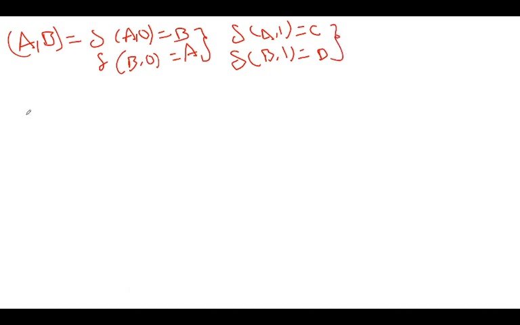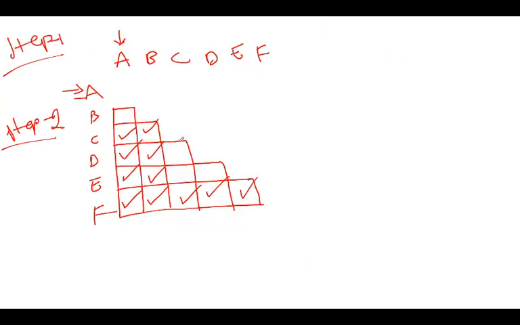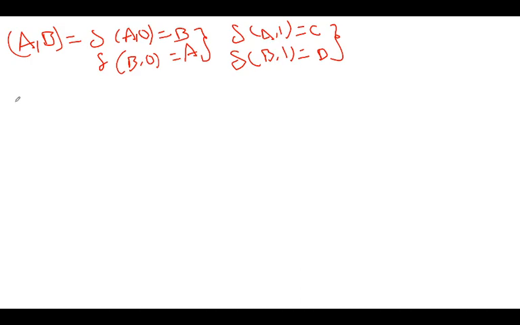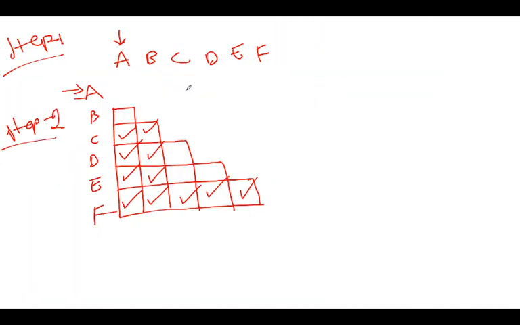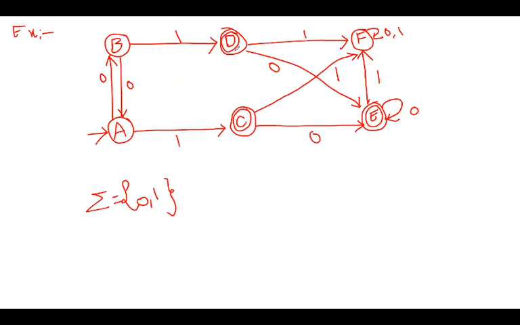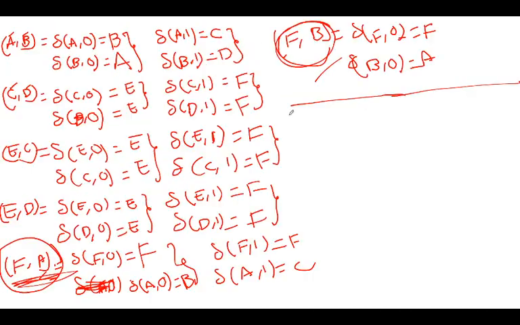Then move to another pair, DC or CD. I mentioned DC. Transition of D comma 0: D taking the input 0 goes to E only.